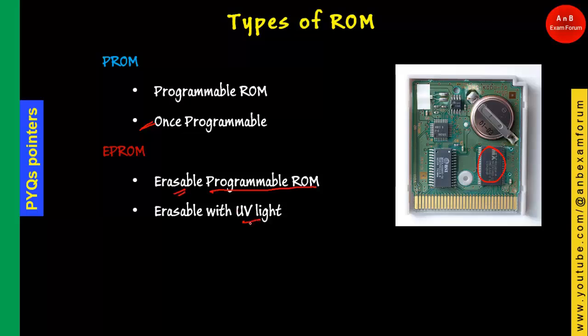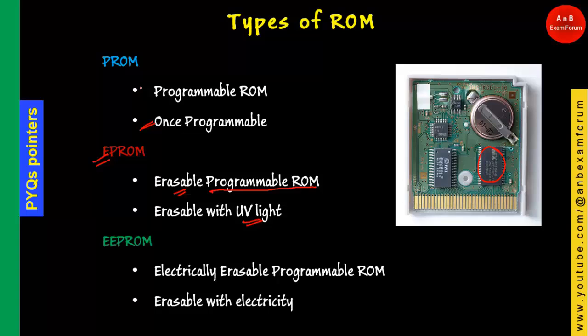So in the exam, if they ask which ROM is erased with UV light, your answer should be EPROM, erasable PROM. Sometimes this EPROM is also known as UV PROM. So EPROM can be erased, but PROM is not erasable.